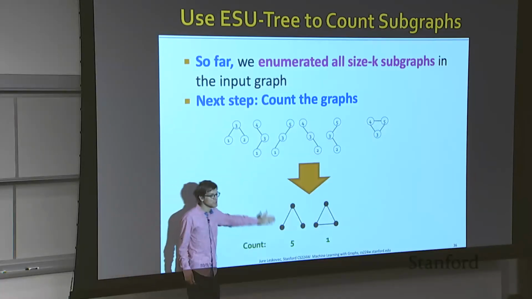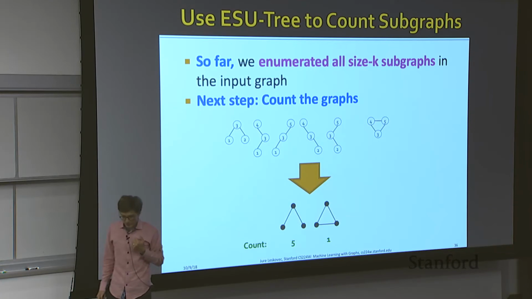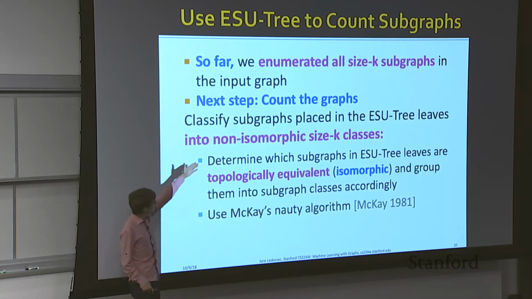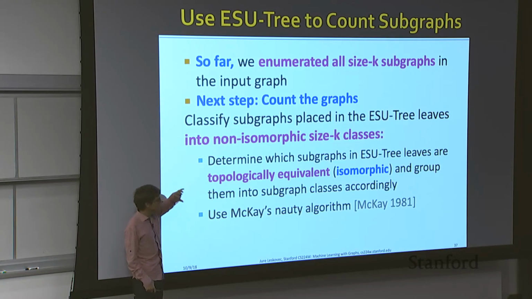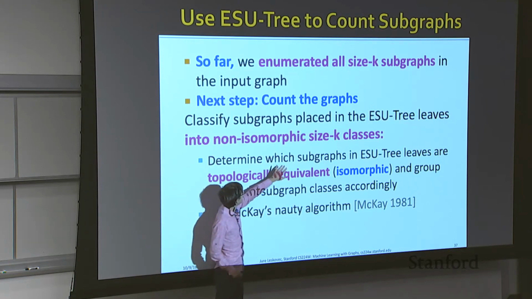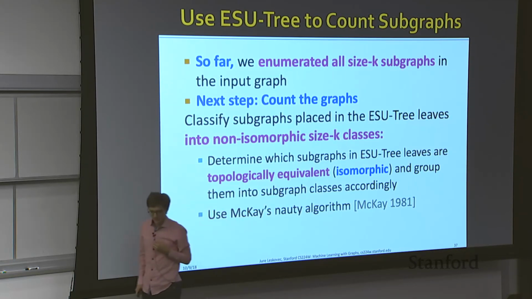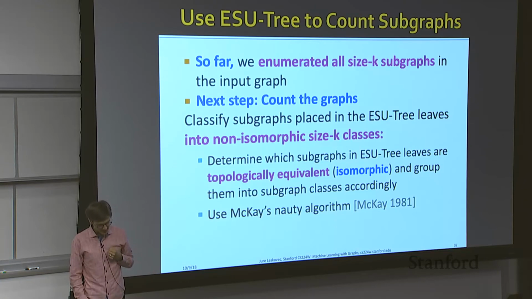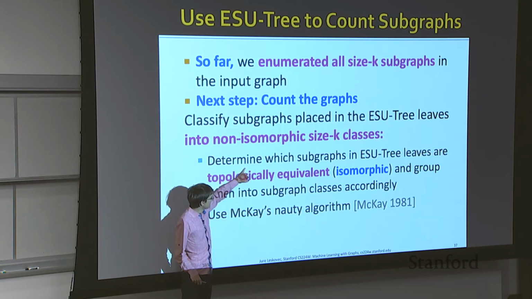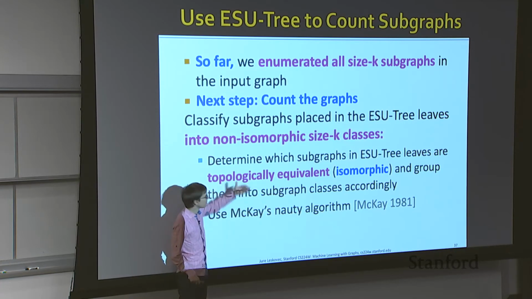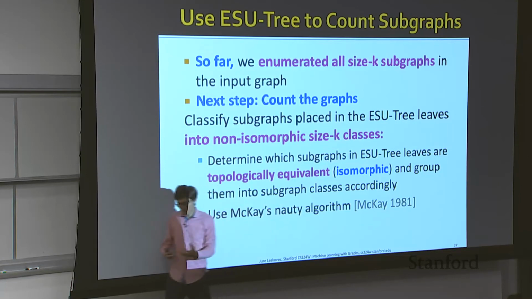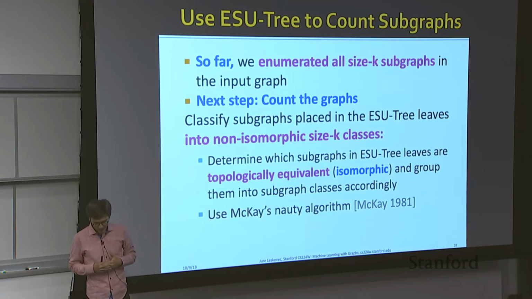So far I told you how to enumerate. Now I want to do this counting step. The way you do the counting step is that we take these instances of subgraphs, identify them, and classify them into non-isomorphic graphs of size k. The idea is that we determine which subgraphs in the ESU tree leaves are topologically equivalent, or isomorphic, and group them together and count them together.